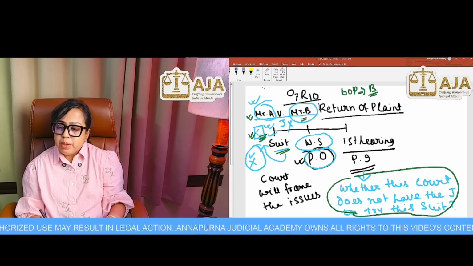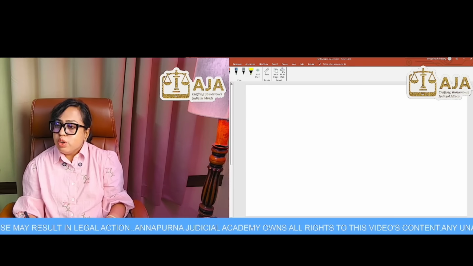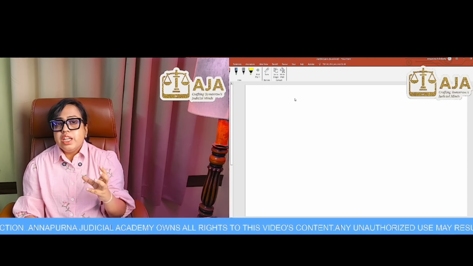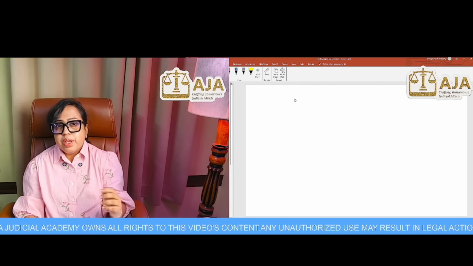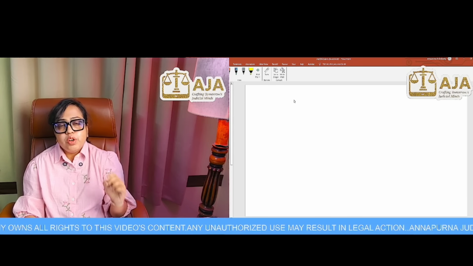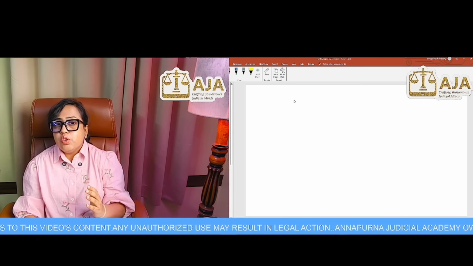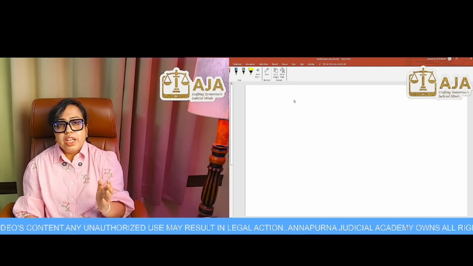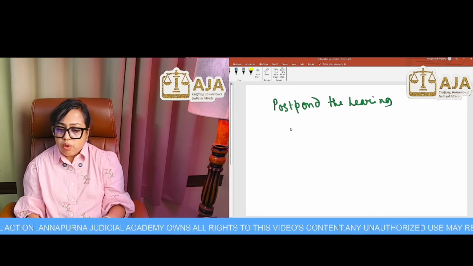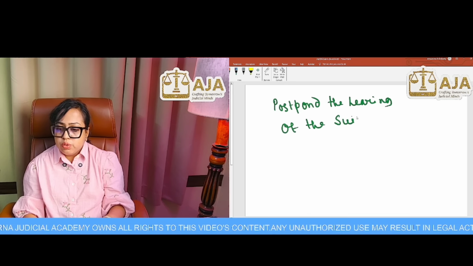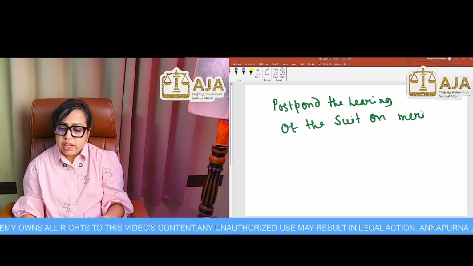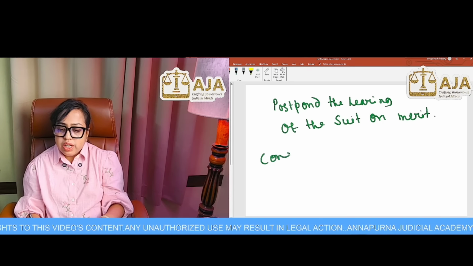After framing the preliminary issue, the court will postpone the hearing of the suit on merit and the court will conduct a hearing on the preliminary issue.